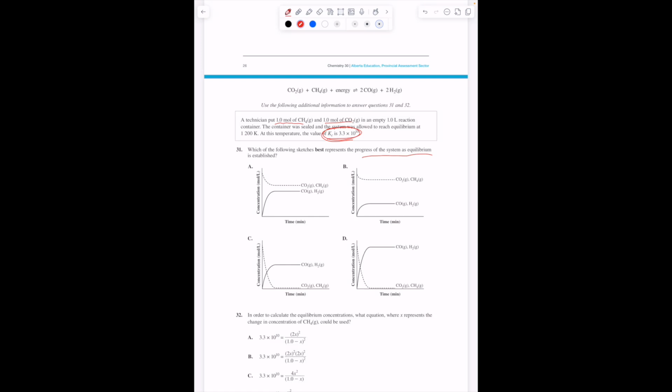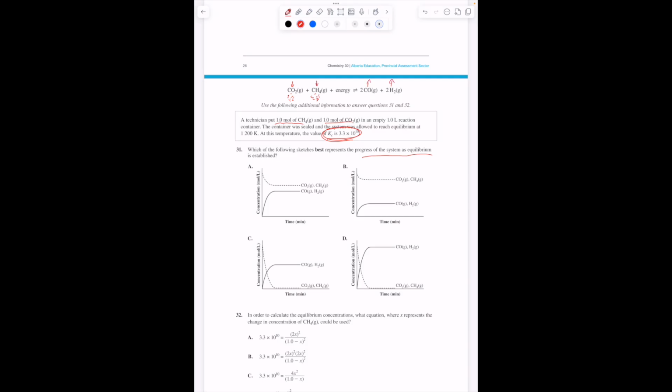Okay, well, remember when I used those Lego blocks in class? I'm starting with 1 mole per liter of that, 1 mole per liter of that. These are at 0, there's nothing there. Then the reaction has to start, and so these go down. As we build these, they go up, right?